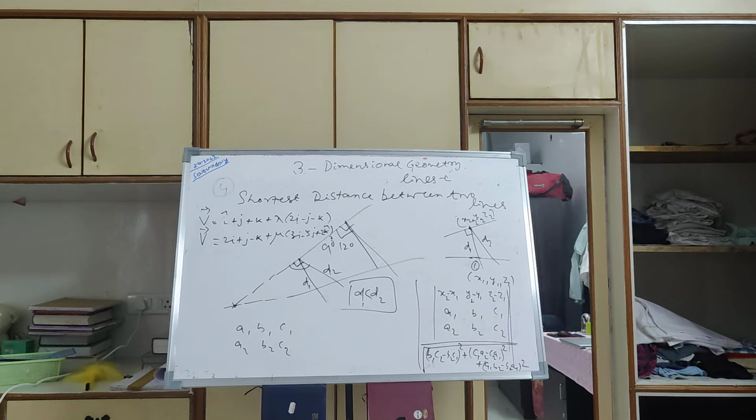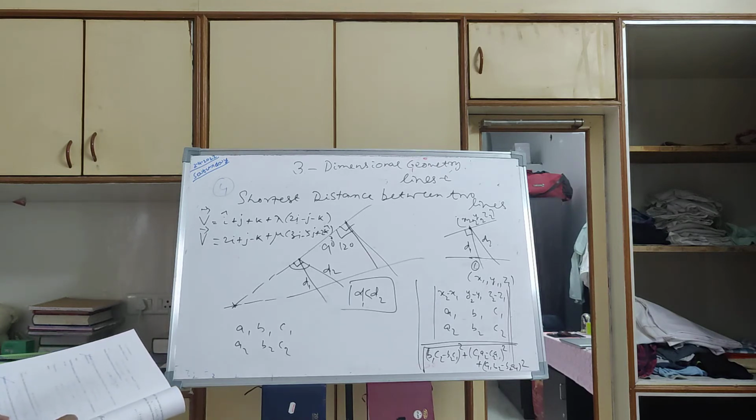So you want to find the minimum distance between these two lines. In this case, a you know, b you know. They are writing it in the form a plus lambda b.